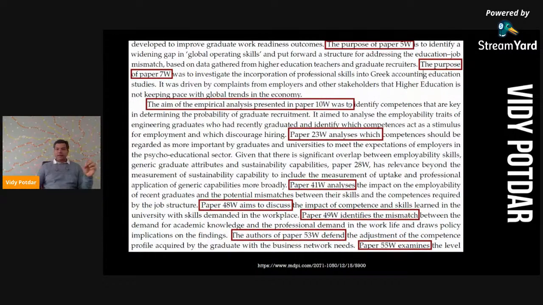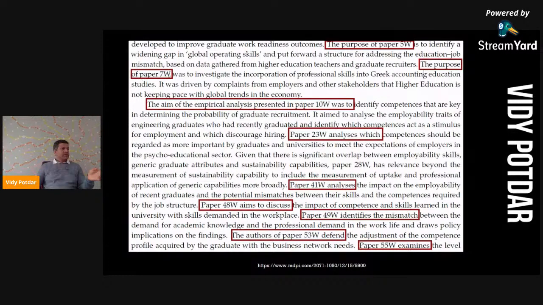In here, the writing of the literature synthesis, or the criticism of the literature, is very bland, very simple. But I wanted to show you, because this is also something that you would find in different papers. So here, the purpose of the paper 5W is, and then they mention the purpose of this paper.